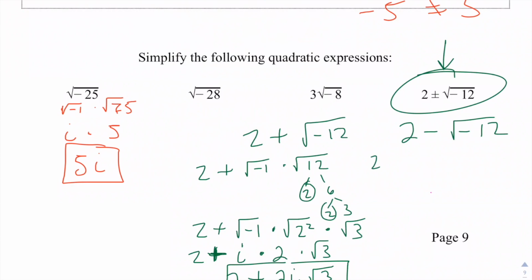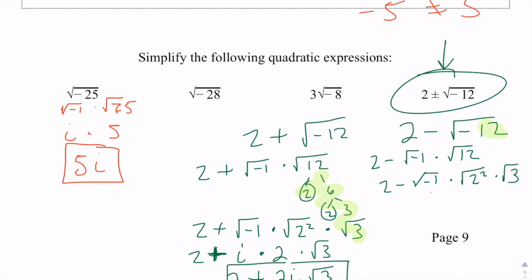Again, I want to go 2 minus the square root of negative 1 times the square root of 12. Well, I know that the square root of 12 from the work over here simplifies down, so I have 2 minus the square root of negative 1 times the square root of 2 squared times the square root of 3. I don't have to do the prime factorization again because I already did it right here for 12.